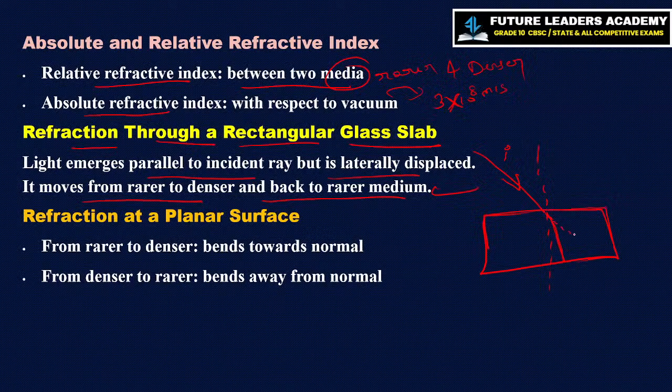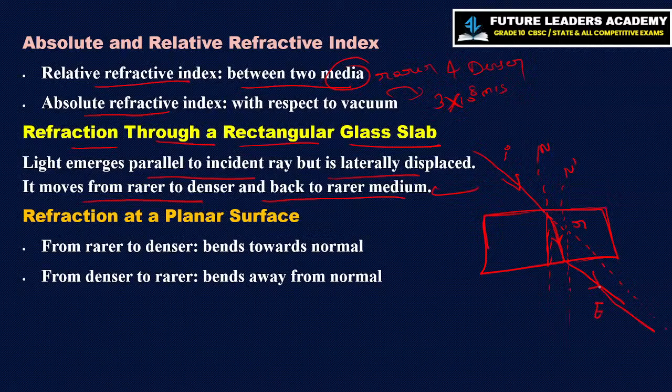If you consider it as the real incident ray, it would go straight, but it is bending towards its normal. Once it reaches the next surface, we have to draw another normal, N dash and N. Then it will bend away from the normal. This is the refracted ray and this is the emergent ray.